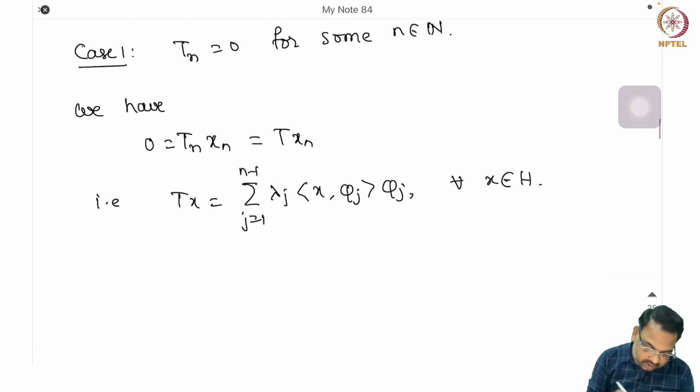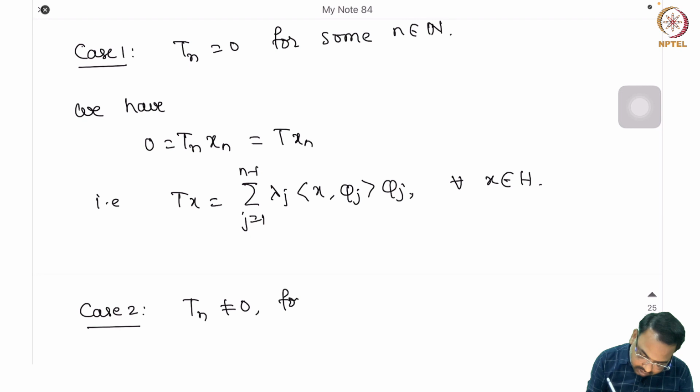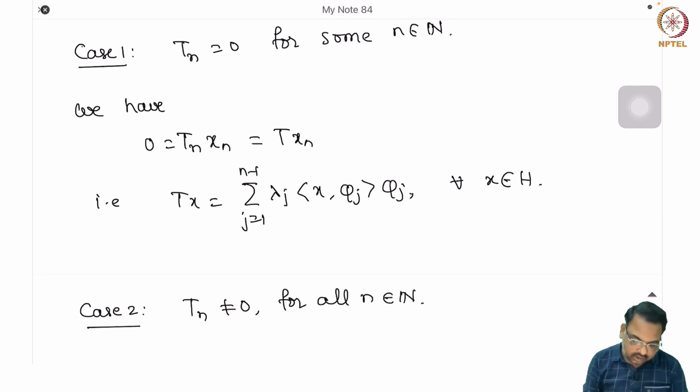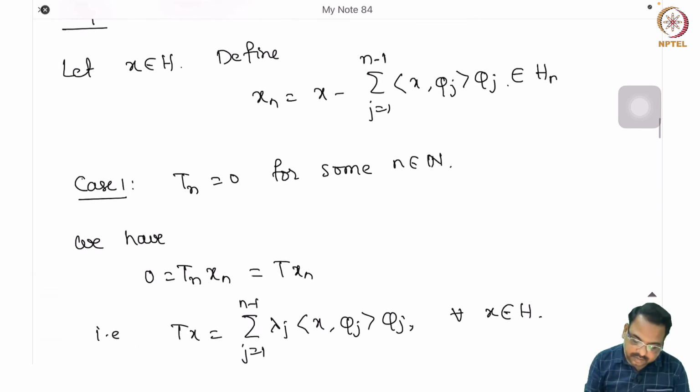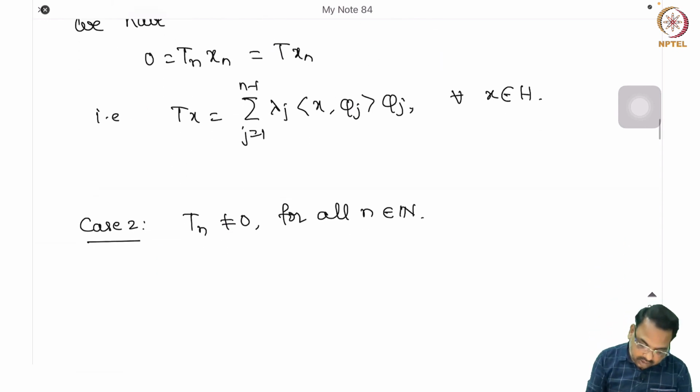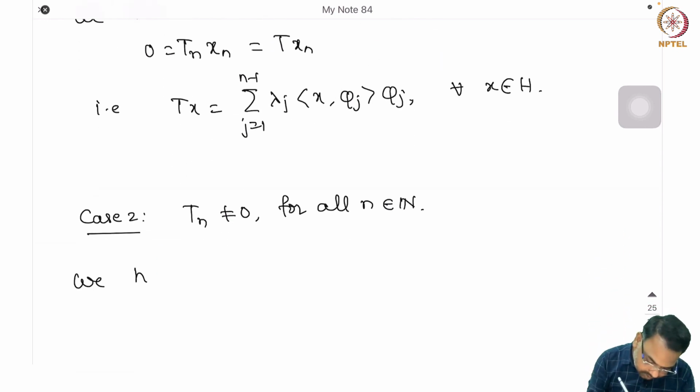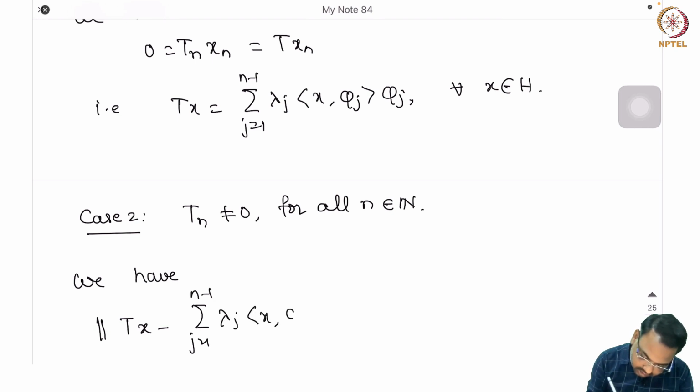Now let us look at case 2. Tn is non-zero for all n in N. In that case, let us look at T xn. We can look at the norm of Tx minus summation j equal to 1 to n minus 1 lambda j inner product x with phi j multiplied by phi j.